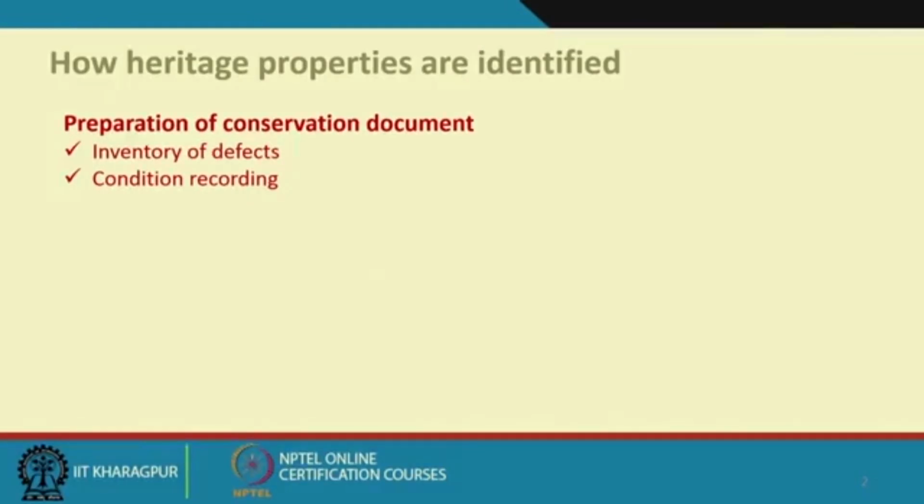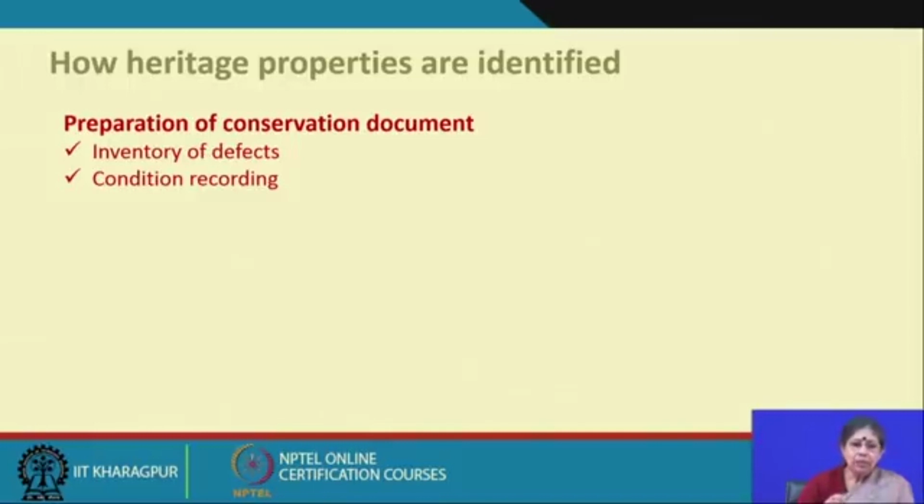Now, documenting a heritage property involves how the properties are identified, which is one aspect, and the preparation of a conservation document. Two very important aspects of preparing the conservation document are the inventory of defects and the condition recording, which broadly we call the investigation.